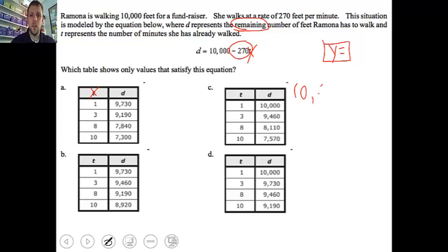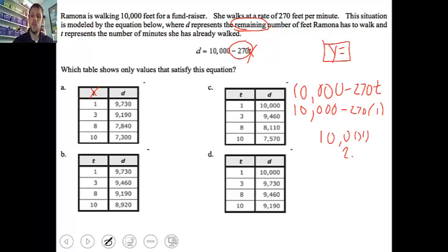If I put 10,000 minus 270t, let's put the number 1 in there. So 10,000 minus 270 is 9,730.